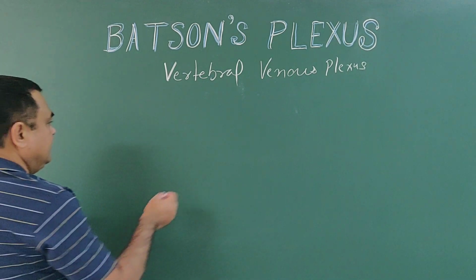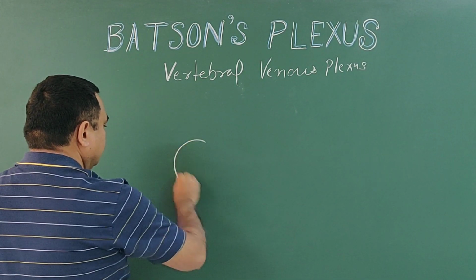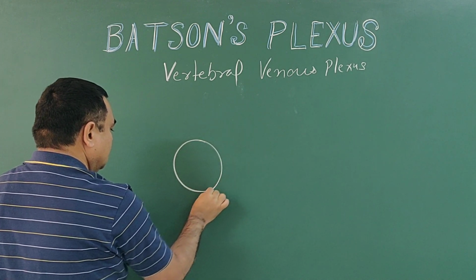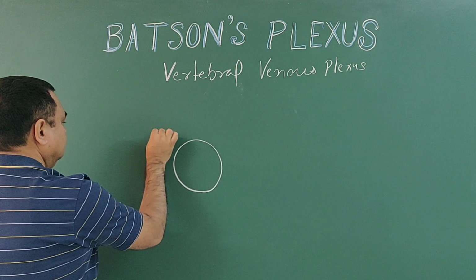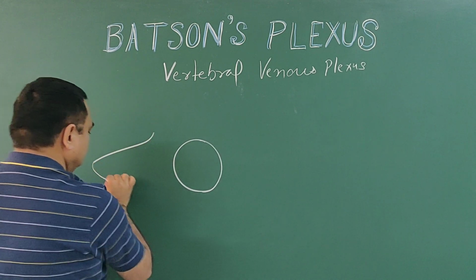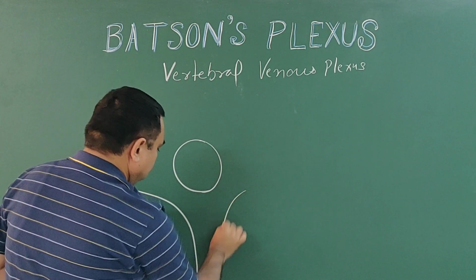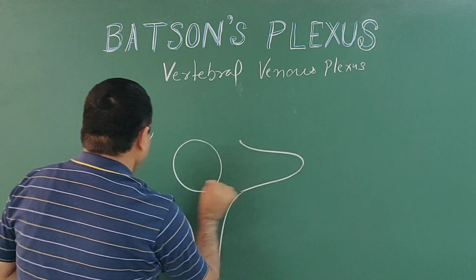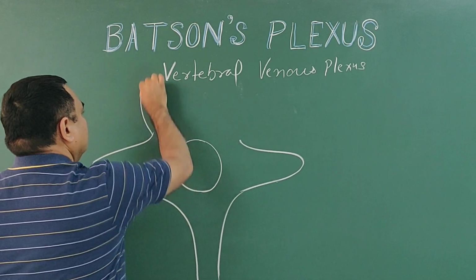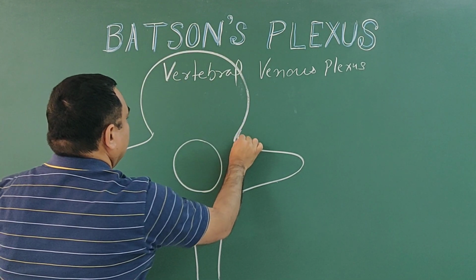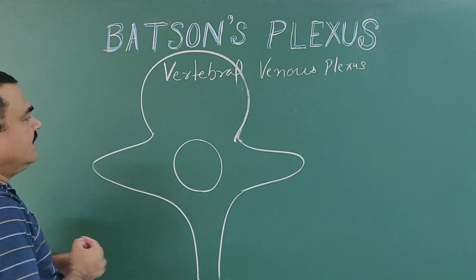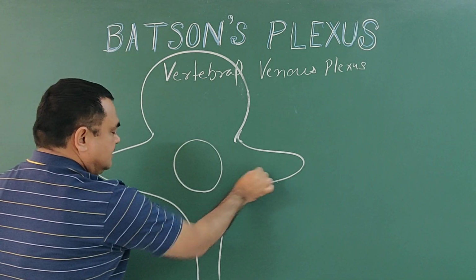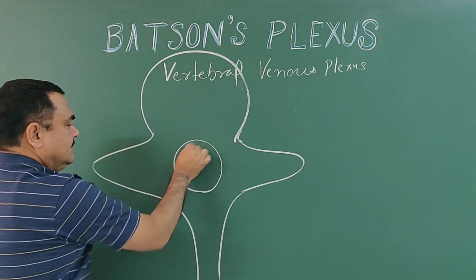If you see, this is the vertebra. In this diagram, this is the body of the vertebra, these are the transverse processes, this is the lamina, this is the spine, and this is the vertebral canal.